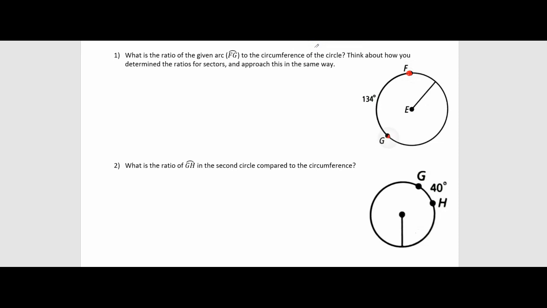Well, here's our arc, FG. Remember, if they just use 2 letters, we have to do the minor arc, so the shortest distance. Well, that arc has a measurement of 134 degrees. So 134 compared to the total, 360, and we just need to simplify.